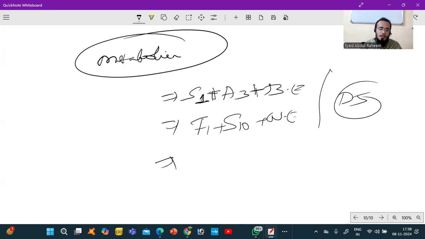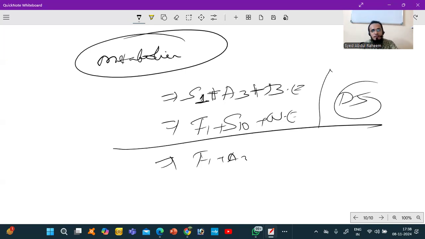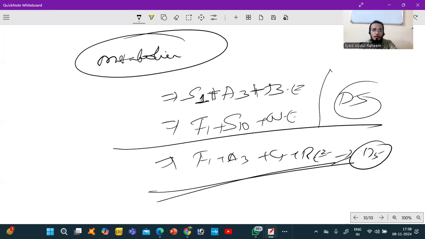Initially start with D5. If any symptoms happen to the patient, and pain is there, to reduce the pain you can add F1A3C5RE in D5. You can take this for pain.